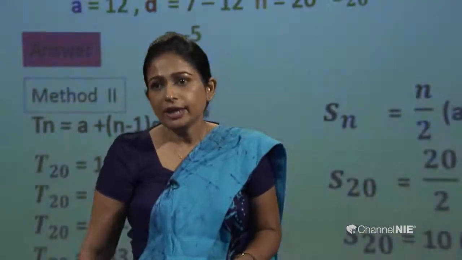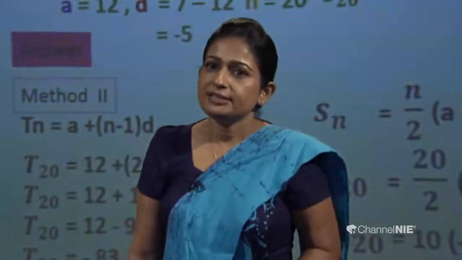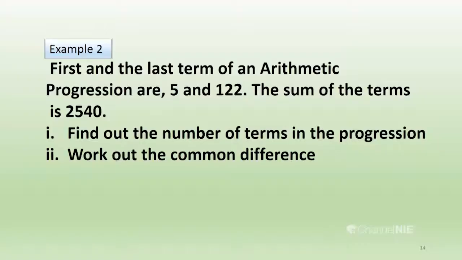Okay. Then we can do another example. Let us see. You read that carefully and understand what the given data are. Using the given data, you try to solve the question. First you understand: the first and the last term of an arithmetic progression are 5 and 122.